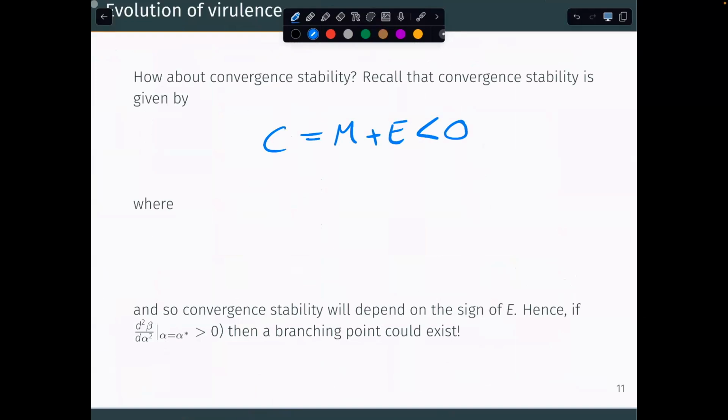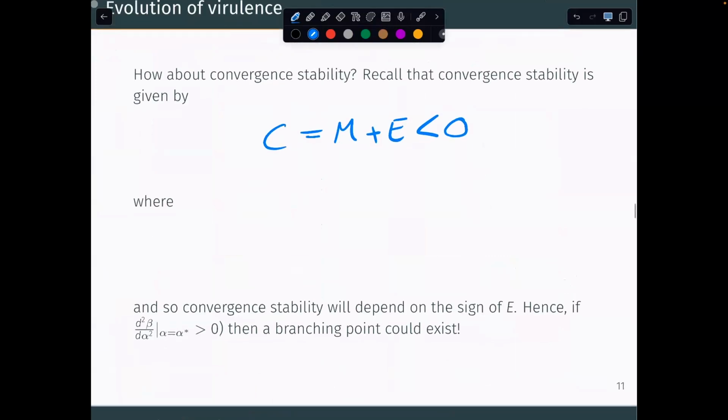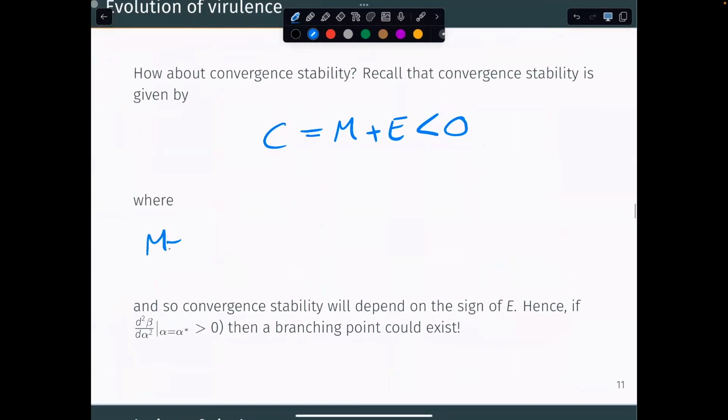M, we're not going to get onto this really. We ran out of time to discuss this in the course, but this is actually referred to as mutual invasibility. It's telling us something about a different characteristic of our populations here. M is just our second order cross derivative with respect to alpha M and alpha, again evaluated at our singular strategy.